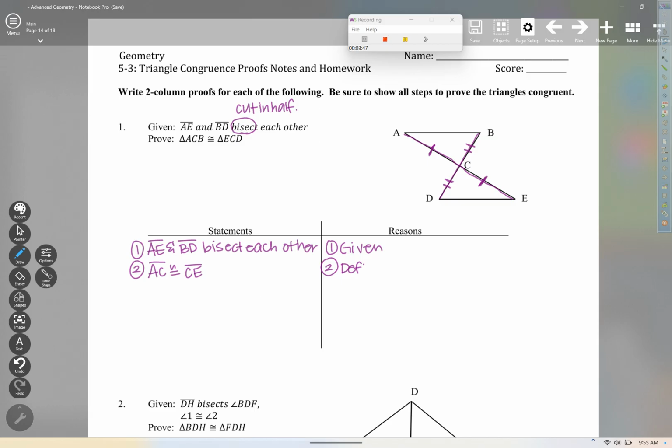Okay? I not only said AC is congruent to CE, but I also said that BC was congruent to DC or CD. We can write it either way. And again, I knew that because AE and BD bisected each other, so it is also definition of bisector.